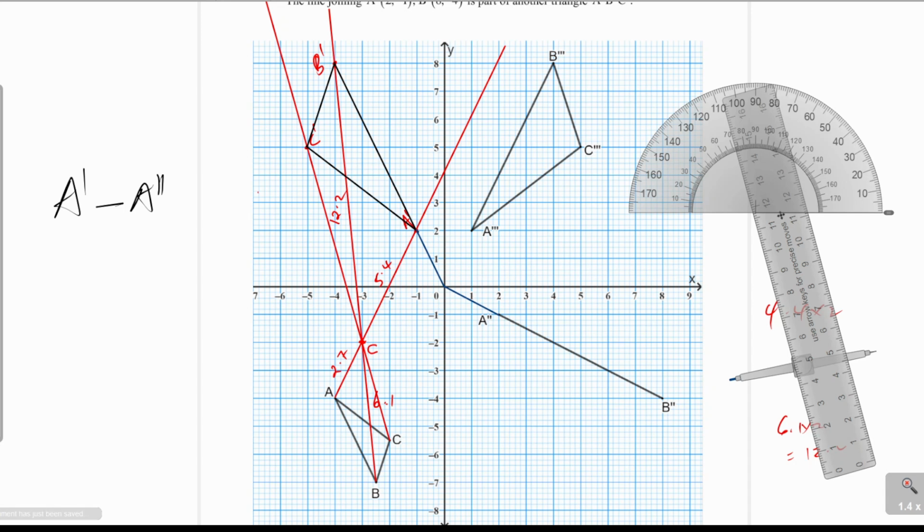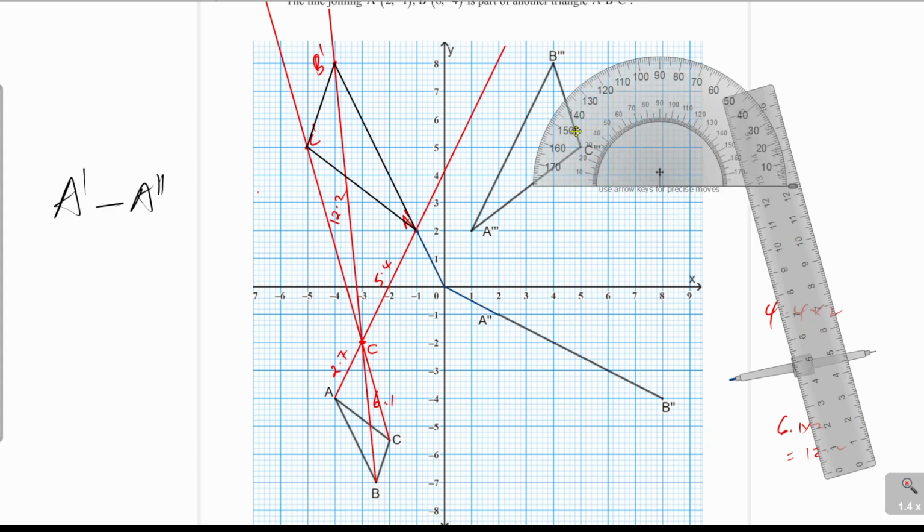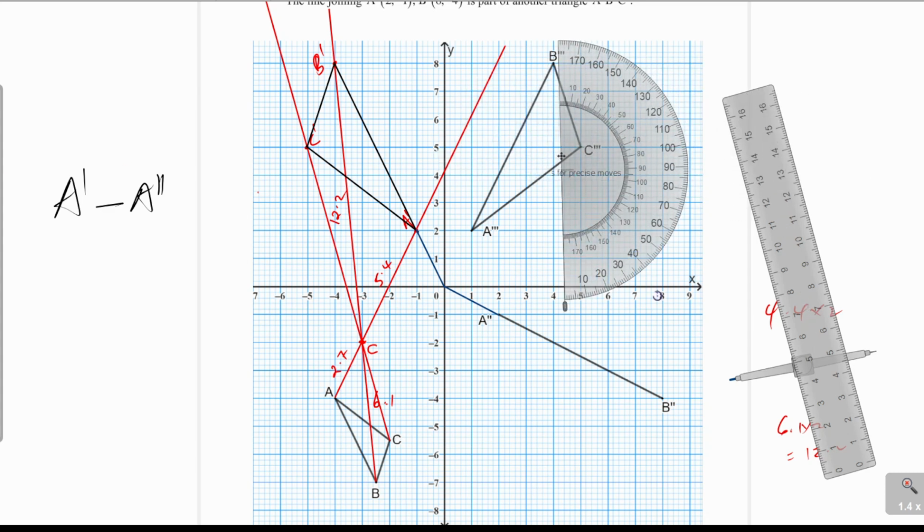Remember that A prime is the one that is being mapped onto A double prime, and therefore when you're measuring the angle, you need to measure the angle from A prime to A double prime through the center. So this is how you get the angle. You simply take your protractor, and this is how you're going to place it.